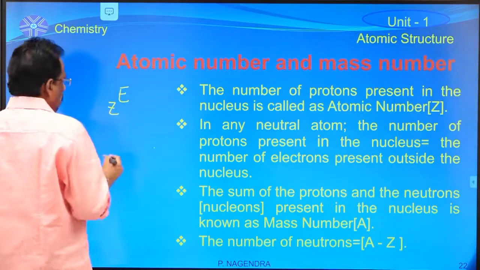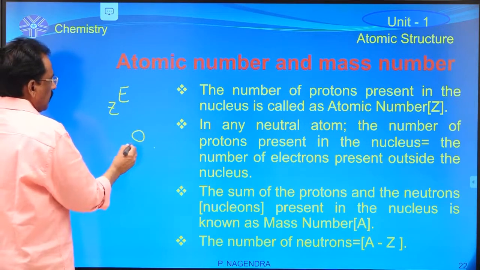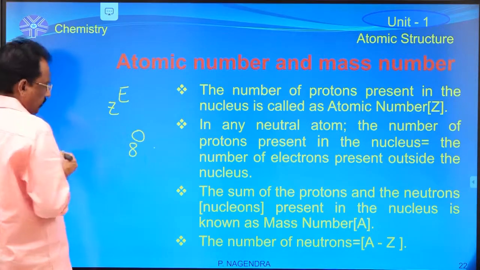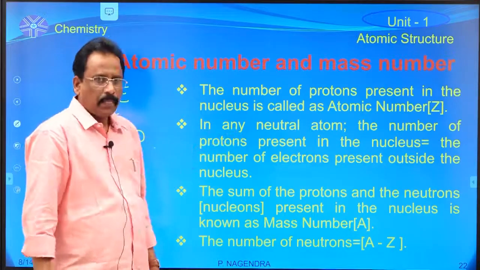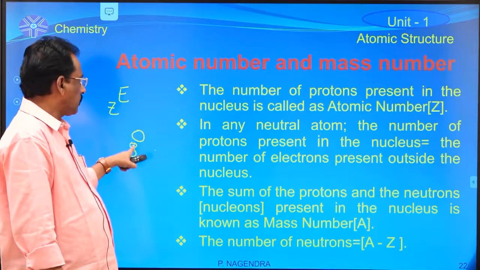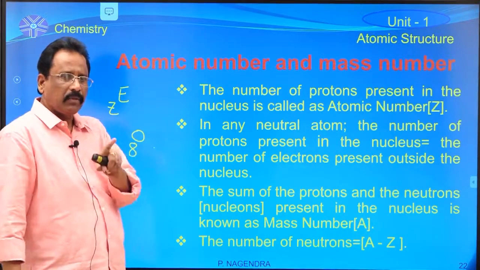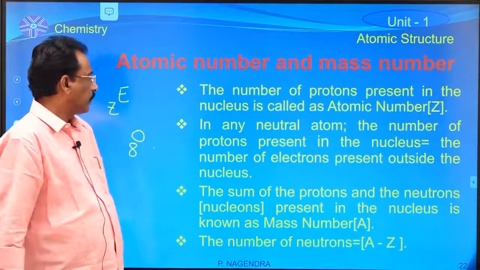Example, oxygen atomic number is 8. So from this statement, the number of protons present in the oxygen element is equal to 8. So charge is plus 8.